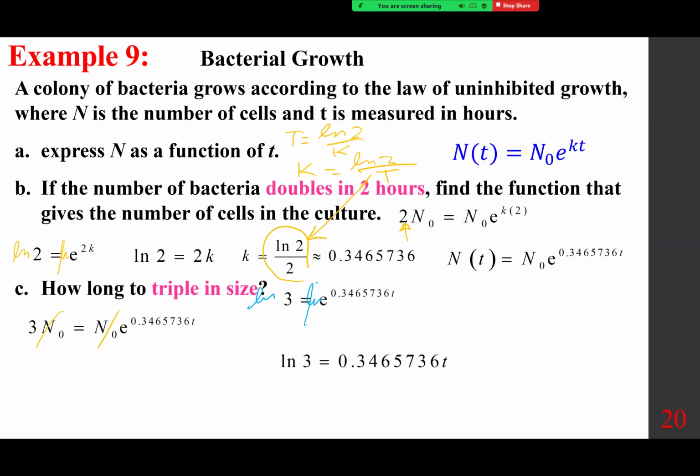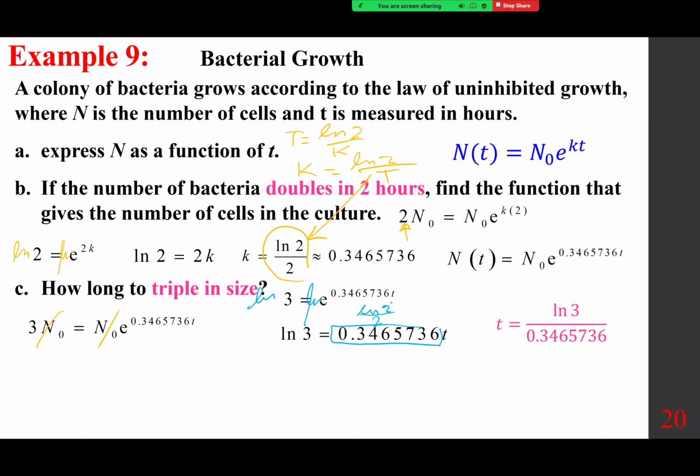The left side is ln3, the right side is this number, or ln2 divided by 2, class, precisely. Instead of that, the t remains. In any event, t is the left side divided by either that number or ln2 divided by 2, and we get ln3 divided by that number, about 3.2 hours.